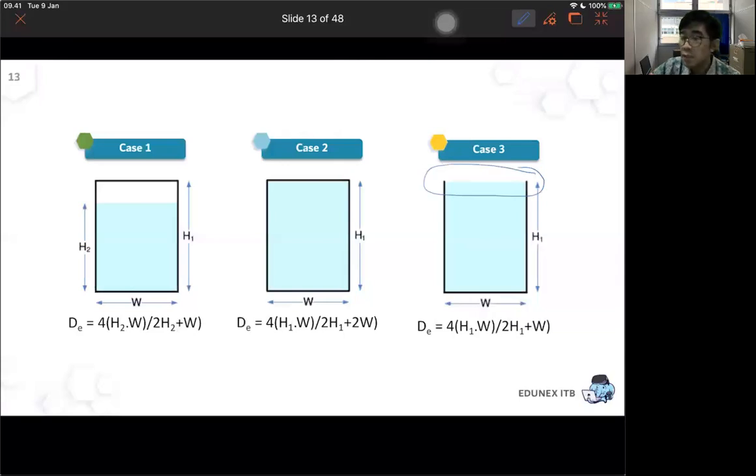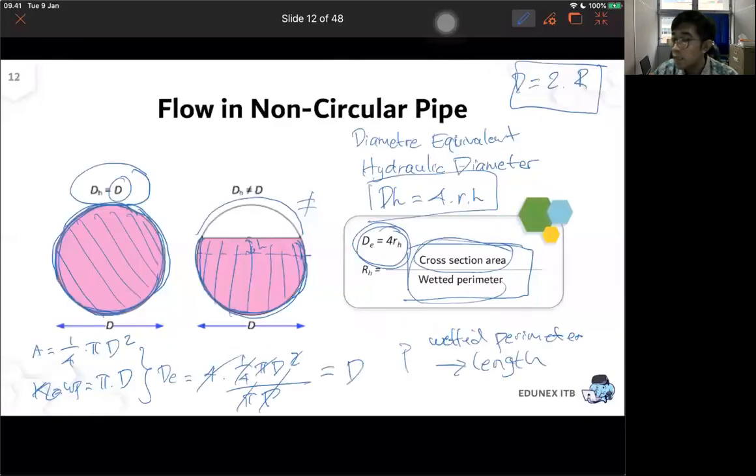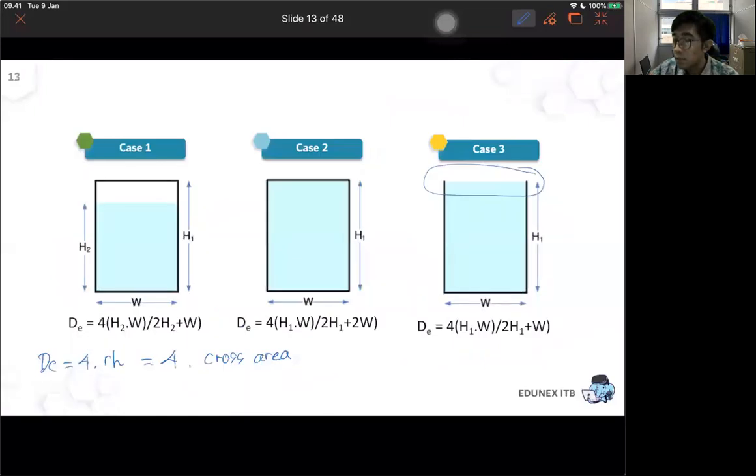So just remember that equivalent diameter will be 4 times the hydraulic radius, which is 4 times the cross-sectional area of the liquid, not of the pipe. So this is the cross-sectional area of liquid divided by the wetted parameter.